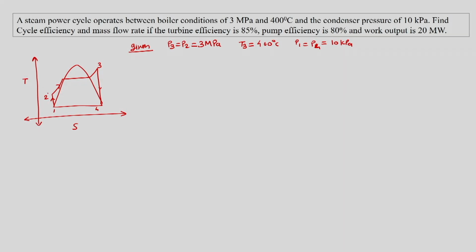So what we should do is, for the ideal case we will mention them with a dash, and then the real 2 will be here, and then the real 4 will be here. This is 4 dash. So practically P2 is equal to P2 dash is equal to 3 megapascal, and P4 is equal to P4 dash is equal to 10 kPa. Turbine efficiency is 0.85, pump efficiency is 0.8.